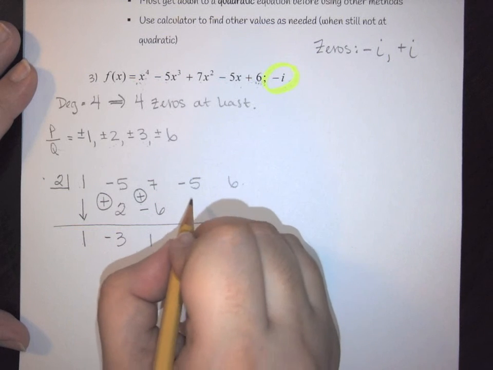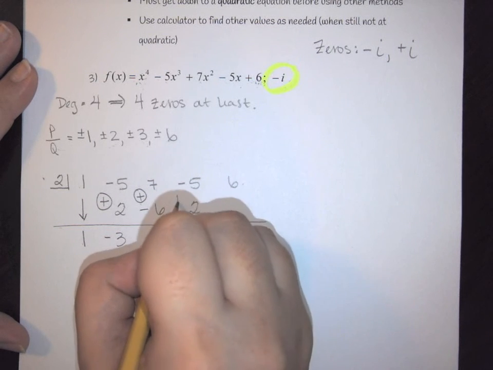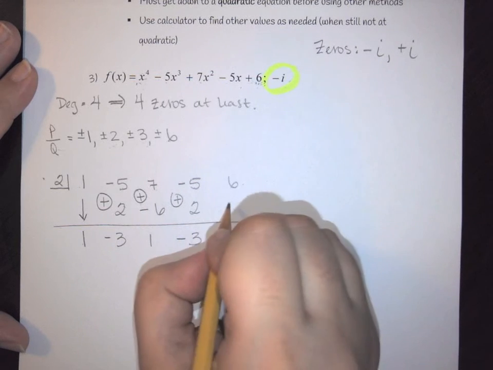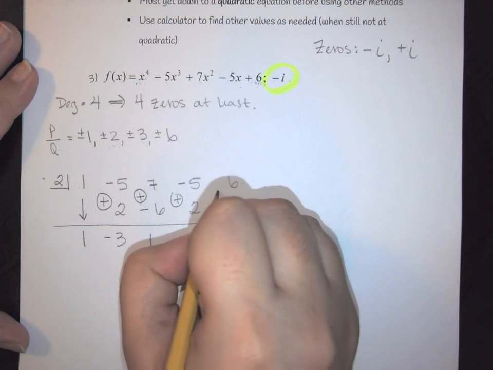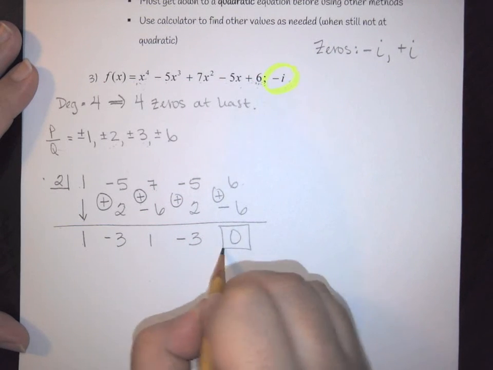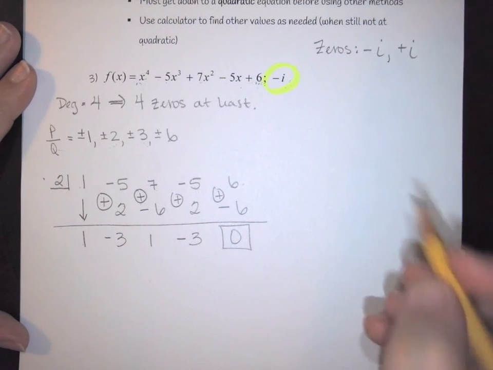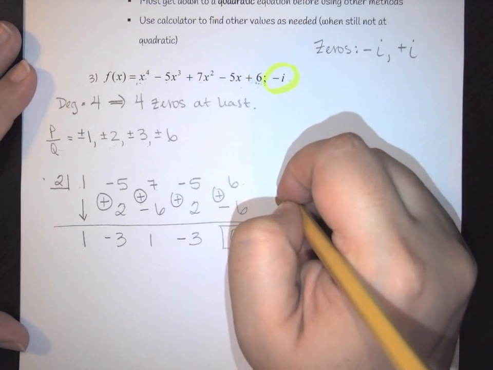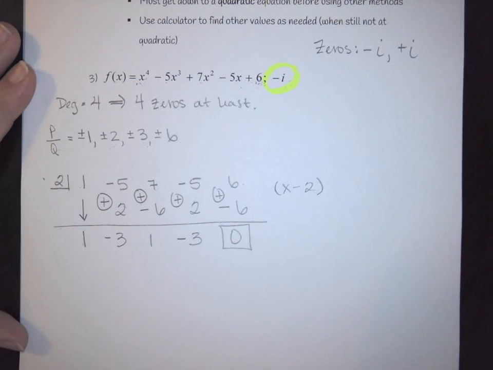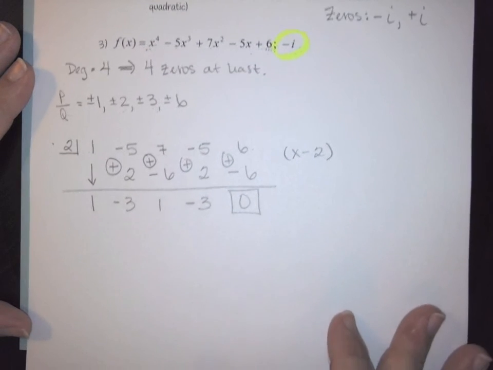Again, repeat. 2 times 1 is 2, add them together, and you get negative 3. 2 times negative 3 is negative 6, add them together, and you get a 0. This is what we were looking for. Therefore, we know that x minus 2 is going to be one of the zeros, or one of the factors.